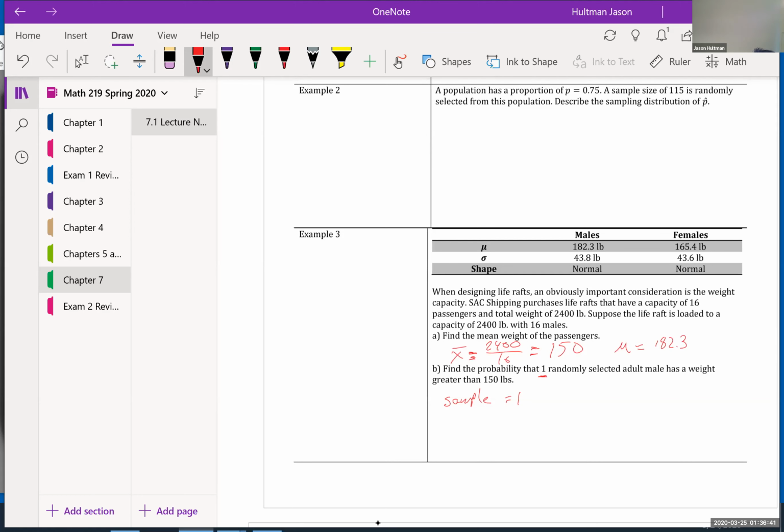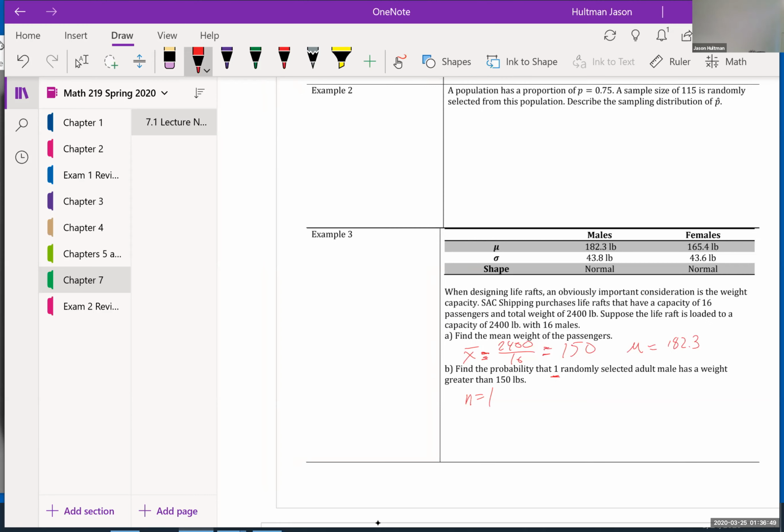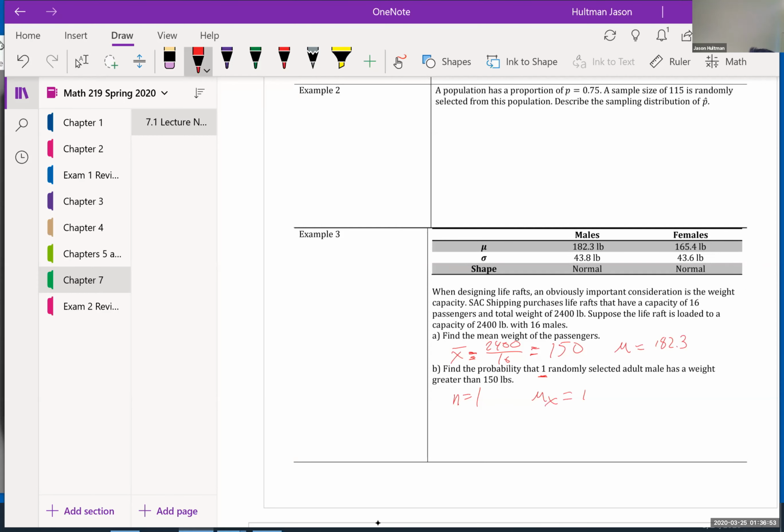I'll just say that n is equal to 1. Okay, and so mu of x is equal to 182.3, because that's going to be the same as the population, right? So I'm getting that from the chart up there. Okay, the shape is normal. We know that it's normal.